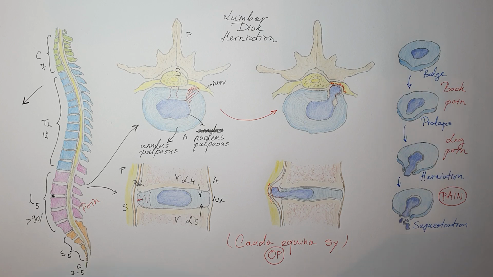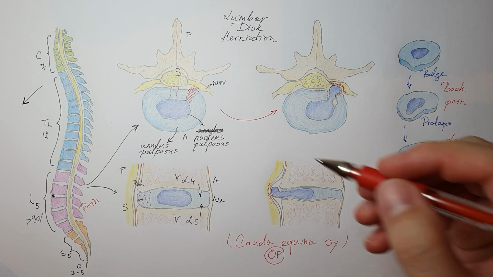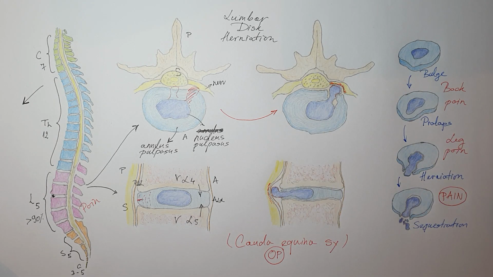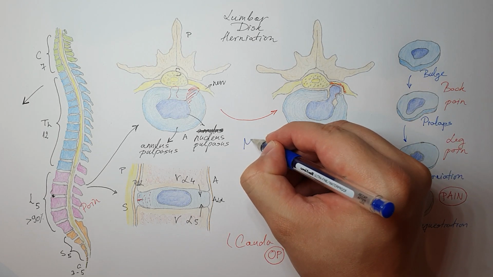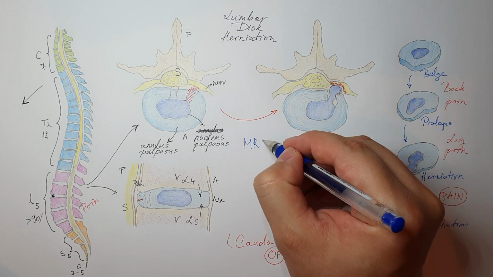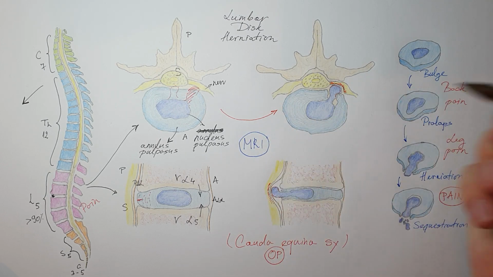So it is very important to analyze the patient before, and of course, the most important thing to have proof that the patient has a problem with the lumbar spine is to do MRI. MRI is the gold standard to diagnose this problem. Thank you for listening.